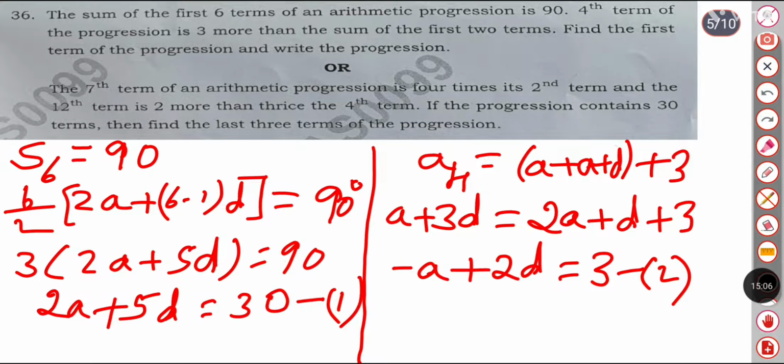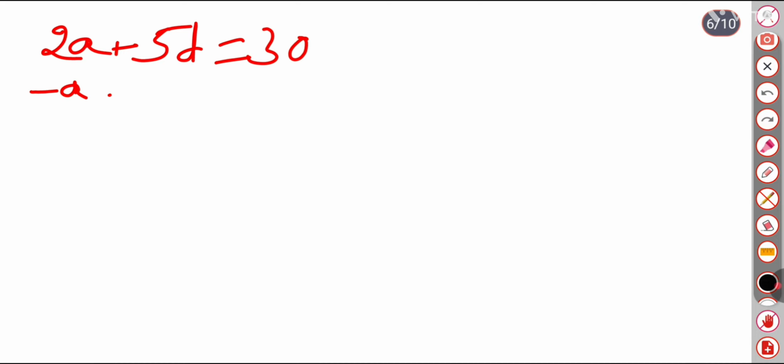Now we got a pair of linear equations. We'll solve by the elimination method to find A and D. So first equation: 2A plus 5D is equal to 30. Second equation: minus A plus 2D is equal to 3. Here how can we cancel this?